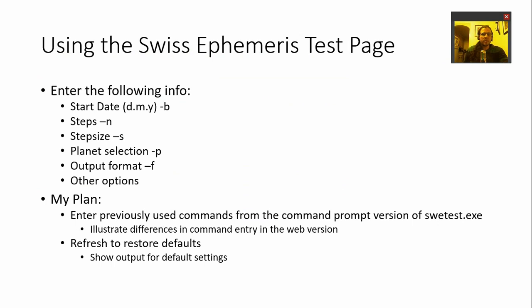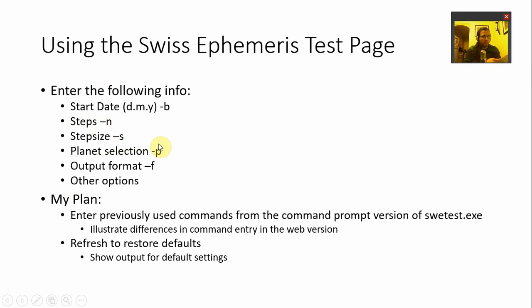On the Swiss Ephemeris test page, you enter the following information. So you enter the start date. We already did that in the command prompt, so it's -b. You enter the steps, how many days you want to display, for example, -n5 for 5 days, and the step size. If instead of displaying days you want to do 5 months, you could do -s.